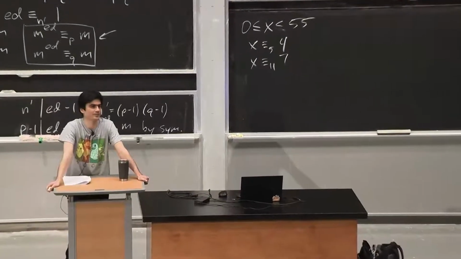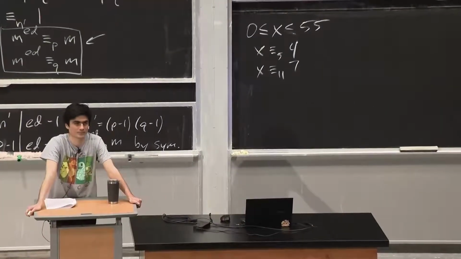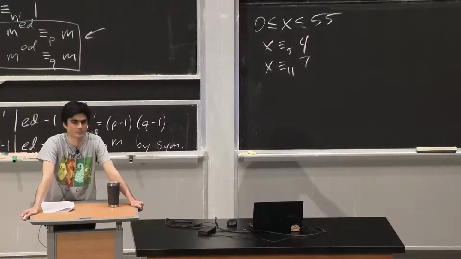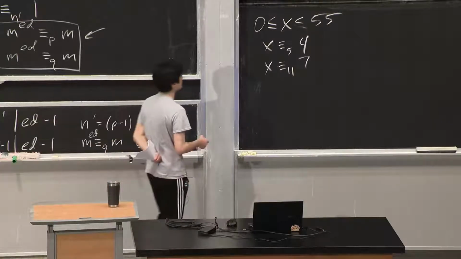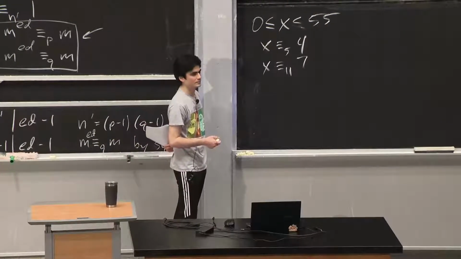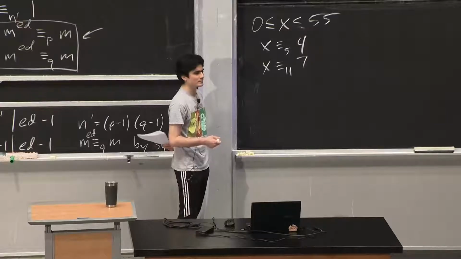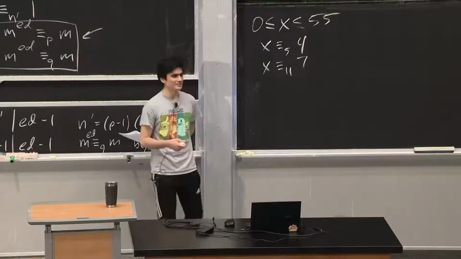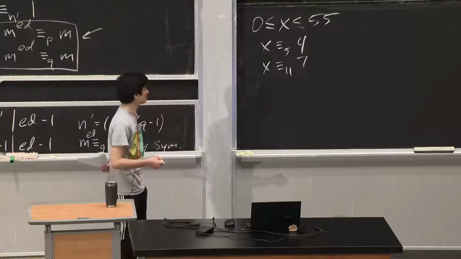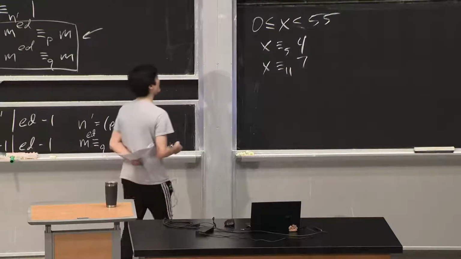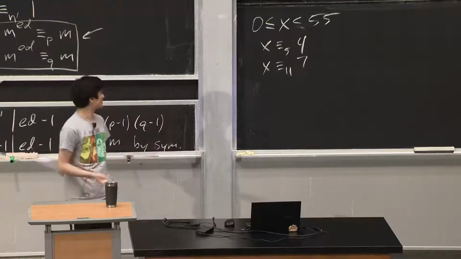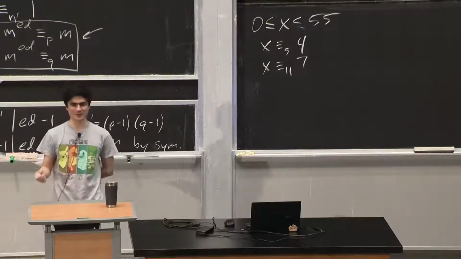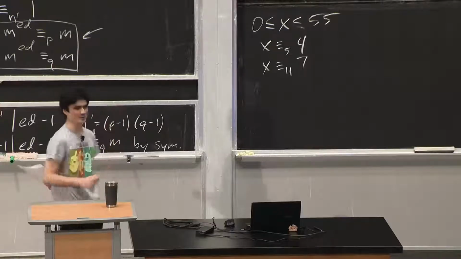How might we do it? Yeah. This would be a slow way to do it, but you could go through every number between 0 and 55 and figure out the possibilities for x for each of these congruences and then find the ones that satisfy both. Okay. So the answer was, try everything between 0 and 55, see what they're congruent to mod 5, see what they're congruent to mod 11, and see whether it satisfies both of those.